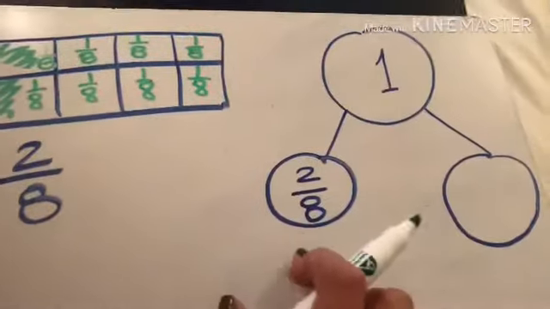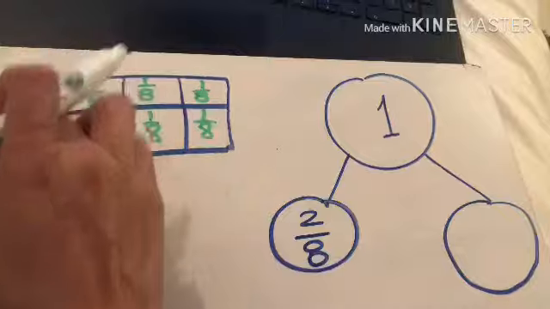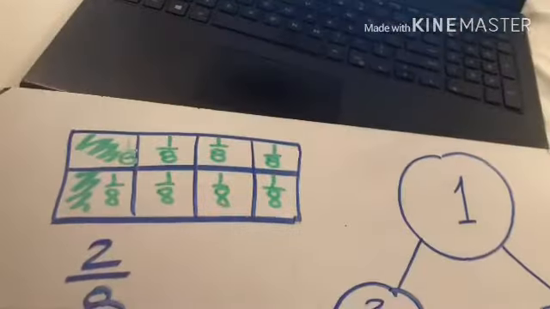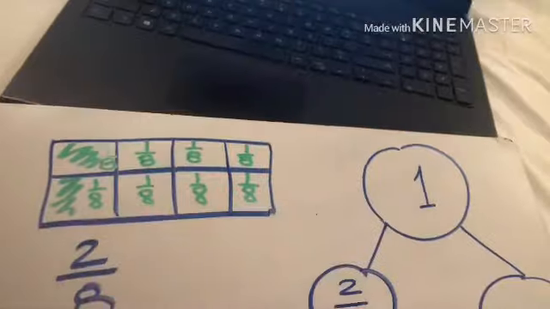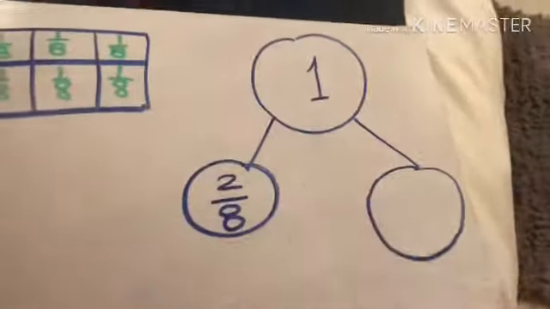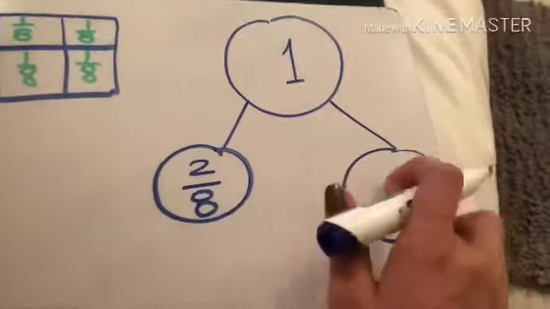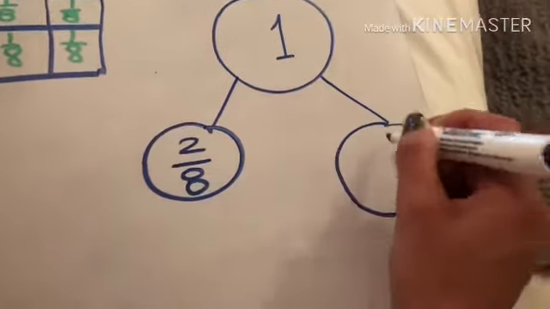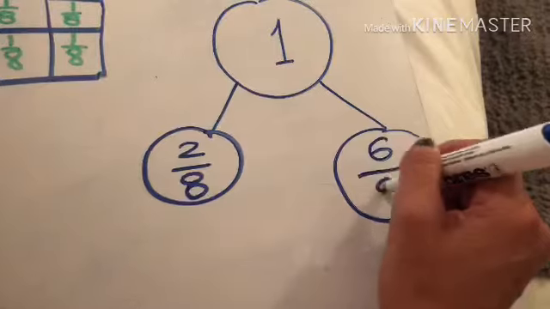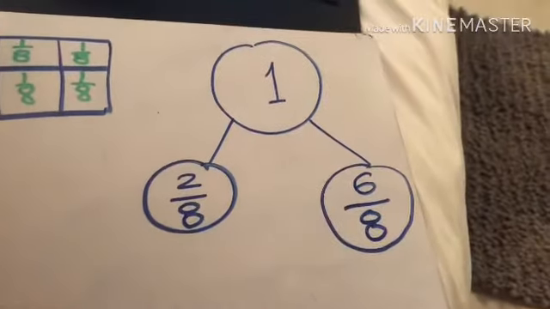So if we already took 2 of them, how many do we have left? We have 1, 2, 3, 4, 5, 6. So the number that I have left is the number that I will put in my other bubble or bond here. So I have 6 eighths left.